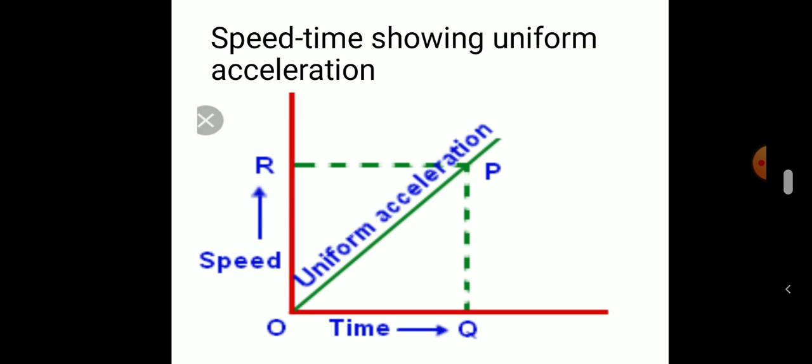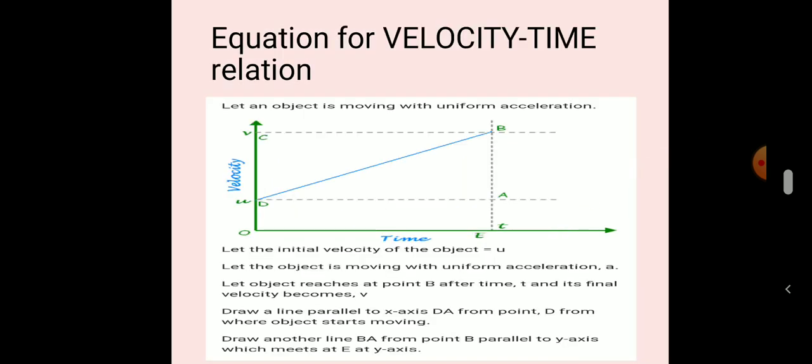Now, we are going to use the graph of velocity-time to derive these equations of motion. So let us start to derive the first equation of motion, which is also known as the equation for velocity-time relation. For that, consider the velocity-time graph of an object moving under uniform acceleration as shown here, but now with u not equal to 0.